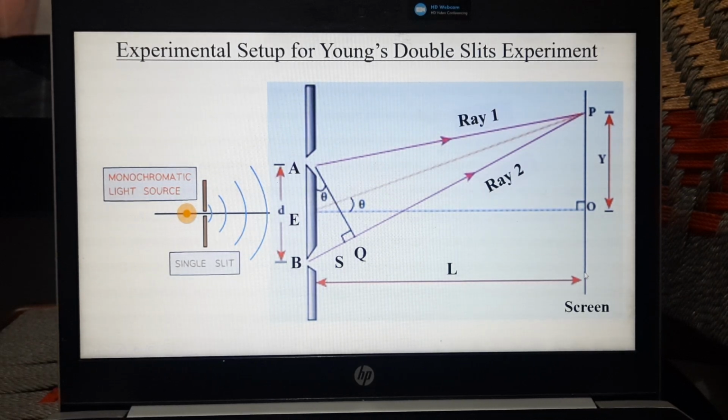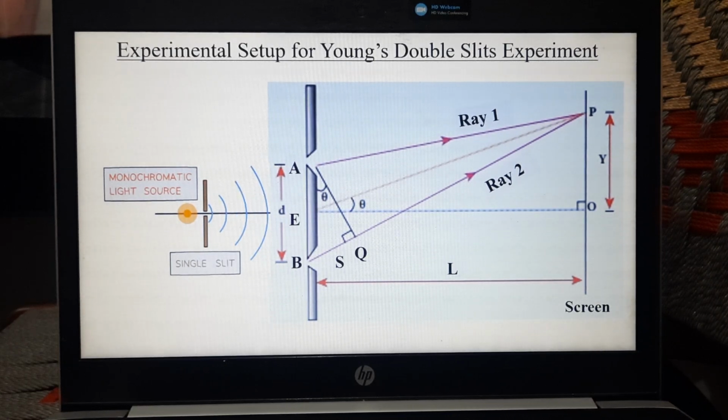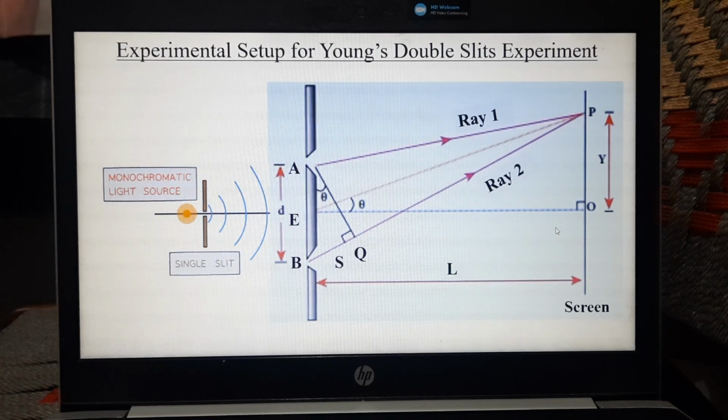As a result of constructive interference of the sound waves, loud sound was produced, and as a result of destructive interference, low sound waves were produced. As here we are talking about the light rays, the constructive interference for light waves will be represented by a bright spot, and the destructive interference of the light waves will be represented as a dark spot.